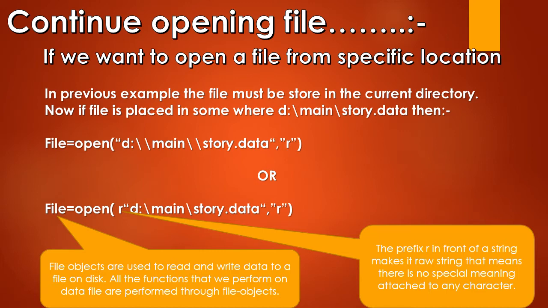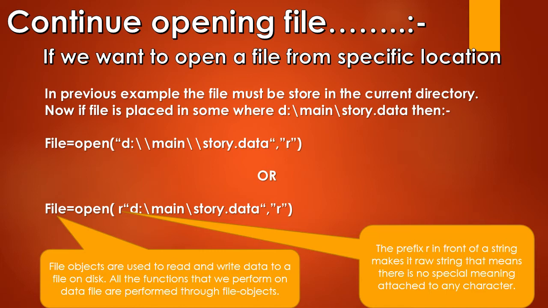Here the backslash is a special character, so we put a double slash. Or if you don't want to put a double slash, we must put an R before the file name. The prefix R in front of a string makes it a raw string. That means there is no special meaning attached to any character.